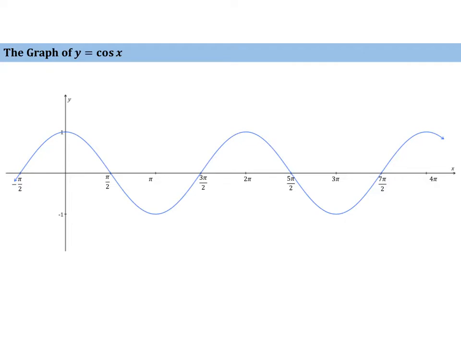So for example, if we start at x equals 0, we complete the pattern or the cycle at 2 pi, and then we repeat the cycle afterward, and we keep doing that.